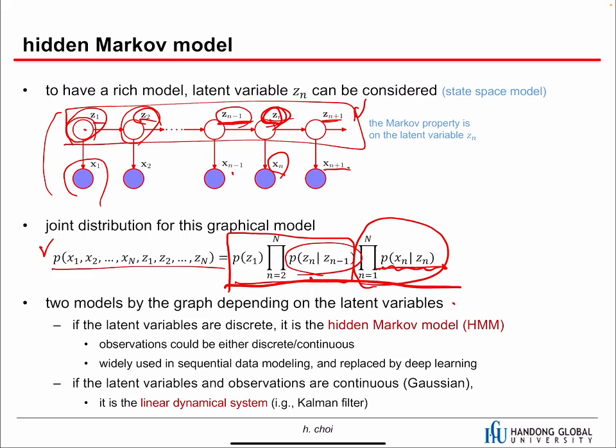Okay, and then if the latent variables are continuous, then it is a linear dynamical system like a Kalman filter. So in this chapter, we're going to talk about hidden Markov model, which means all the hidden latent variables are discrete. Okay, and then we'll talk about discrete observation and continuous observations later.